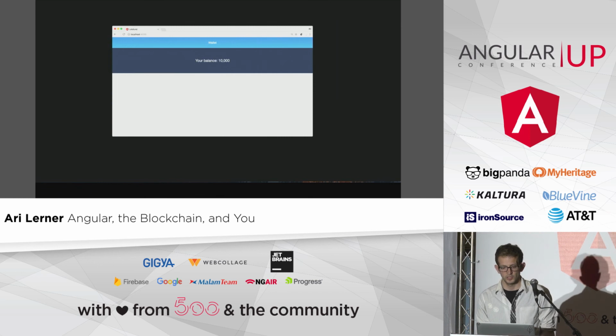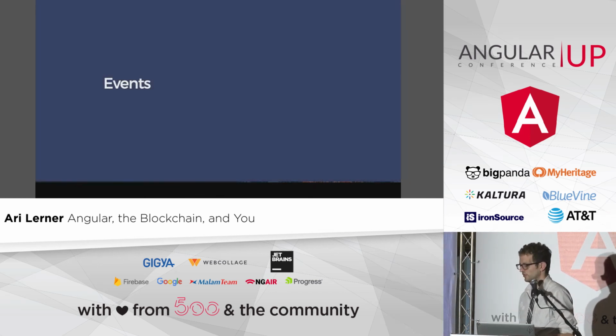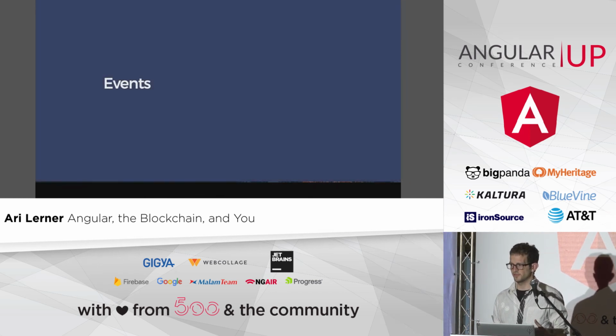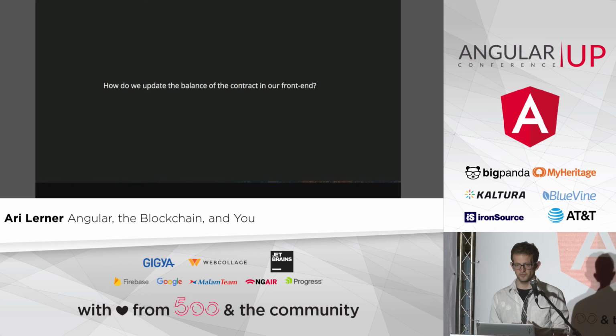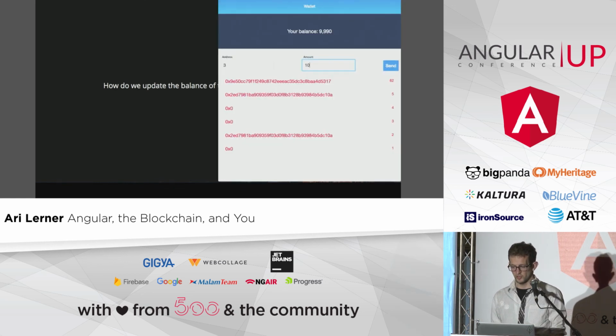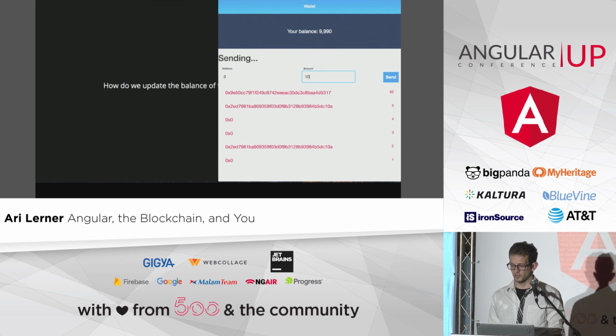Okay. The last thing I'm going to talk about, and I have just enough time to cover, is events in Ethereum. Events themselves are super useful. They're really awesome. How in the demo did I send 10 Ether to the third address on my local box, and the balance updates in real time?